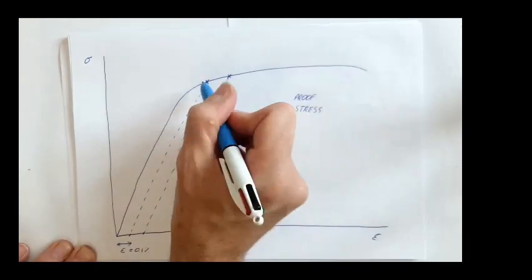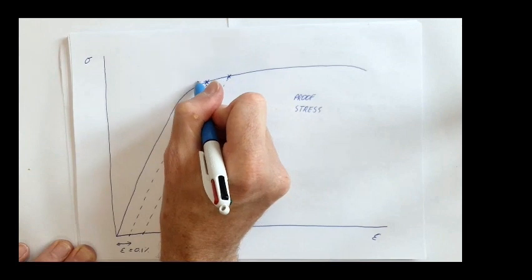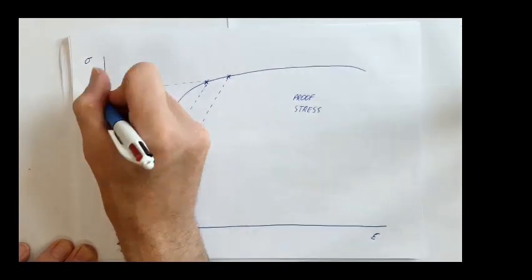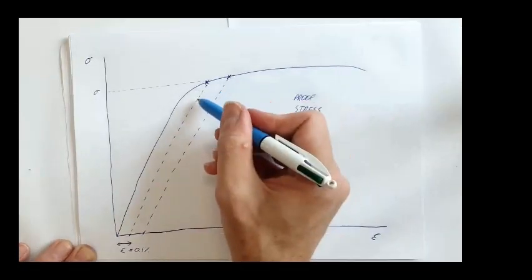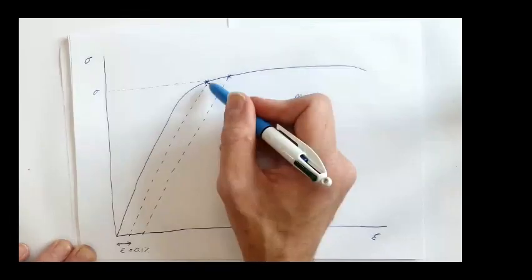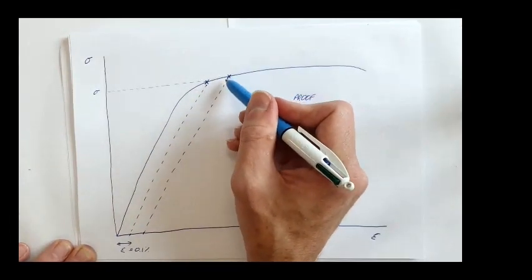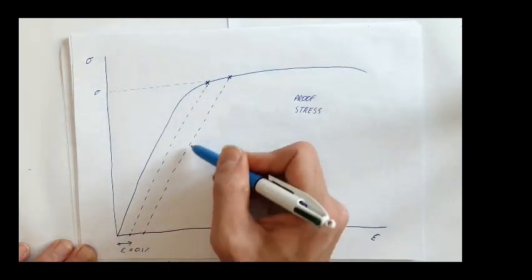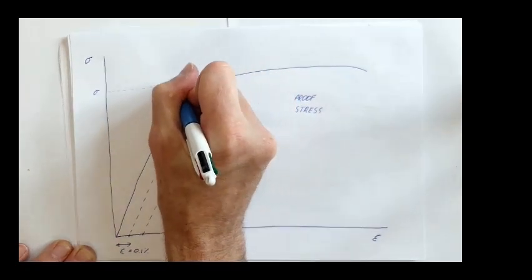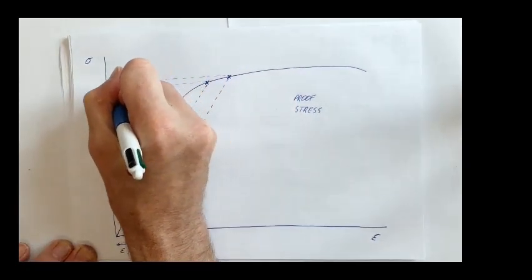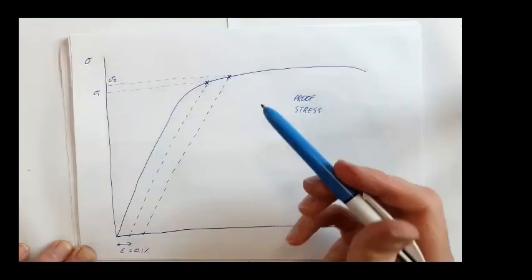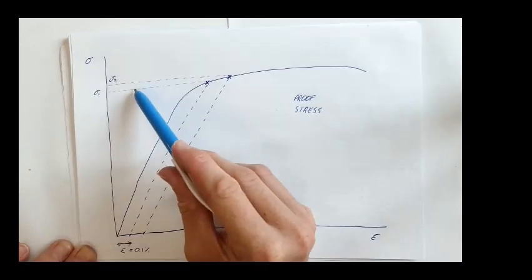Now, notice each time that we do that, we've got a higher stress. So we've got a stress there, which corresponds to 0.1% strain. And then when we carry on loading it, unloading it, and loading it again, we get a slightly higher stress. Let's call that sigma 1, let's call that sigma 2. Okay, notice sigma 2 is greater than sigma 1.